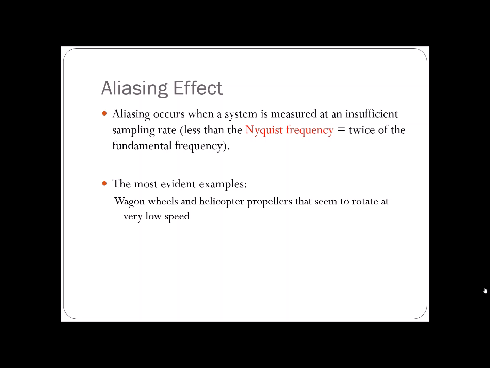You might also see the same phenomenon in the wheels of a car. When a car is running at a high speed, you might have a notion that the wheel of the car is rotating in the opposite direction, or rotating in the same direction, but it seems that the rotation is very slow.